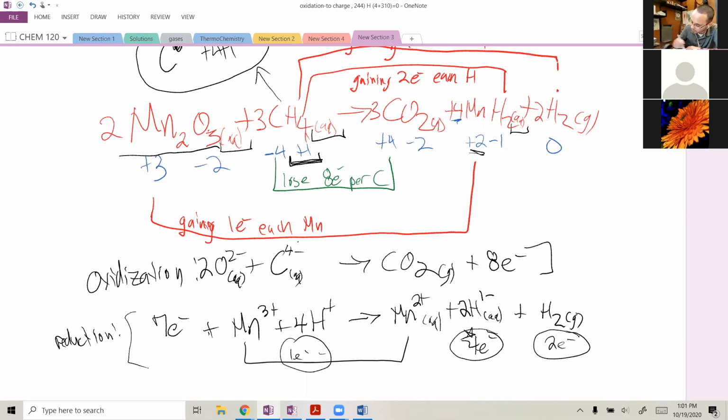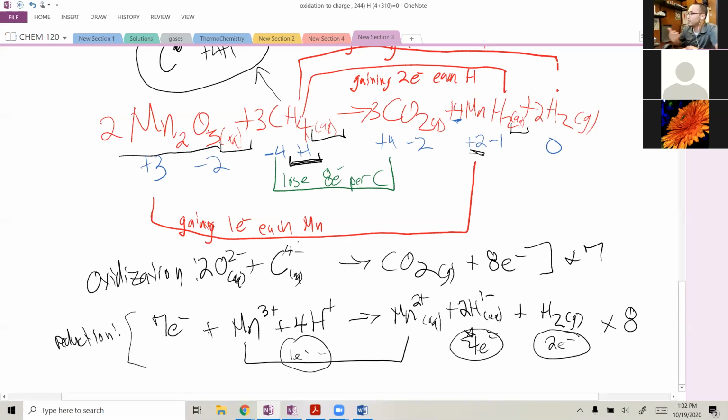And so we could scale them up by multiplying this whole thing by 7 and this whole thing by 8, and we would get to our 56 electrons. So in a normal reaction, that's kind of what you would be looking at: however many we're oxidizing and however many we're reducing, and we're trying to get those to balance.